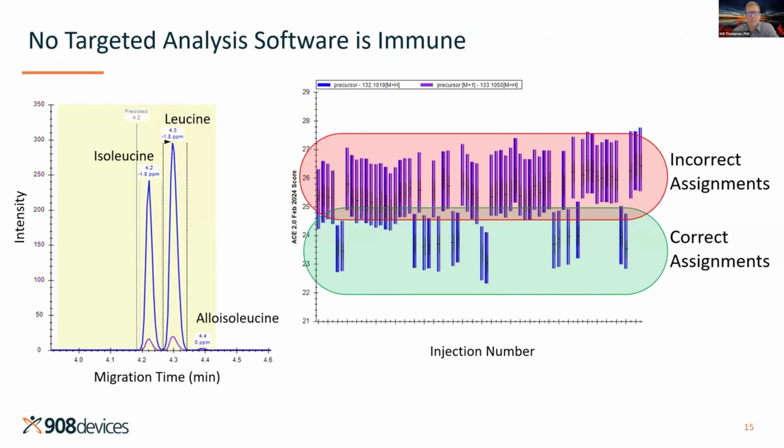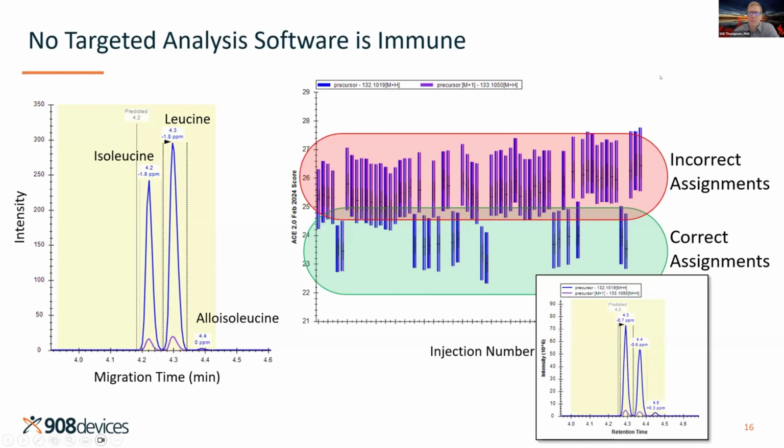This happens across virtually every software package that I'm familiar with. In cases where it gets it incorrect many times, it can get it correct sometimes. But often when it correctly assigns it, it's by chance. In these cases, the correct assignments occurred just because the peak on the left happens to be the most abundant.